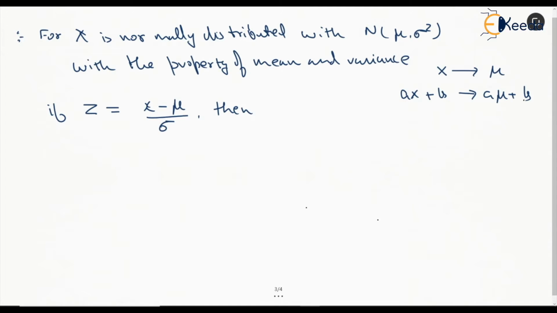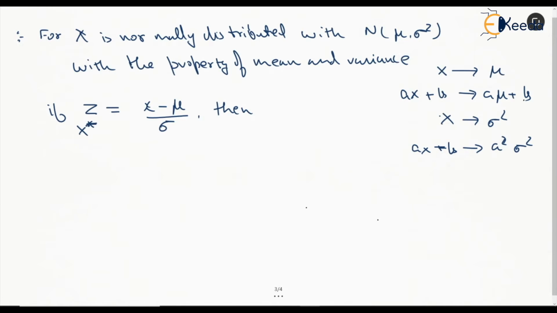Similarly, if x has a variance of sigma square, then the transformation from x to ax plus b will give a variance of a square times sigma square, right?